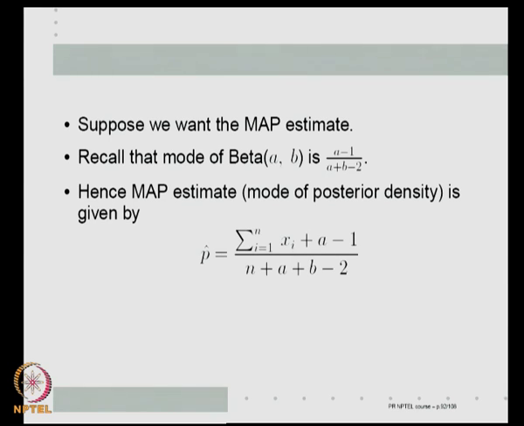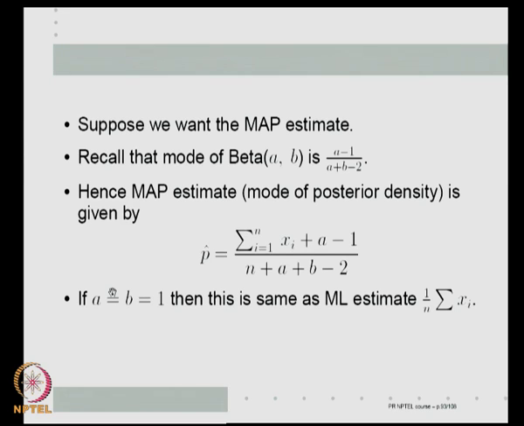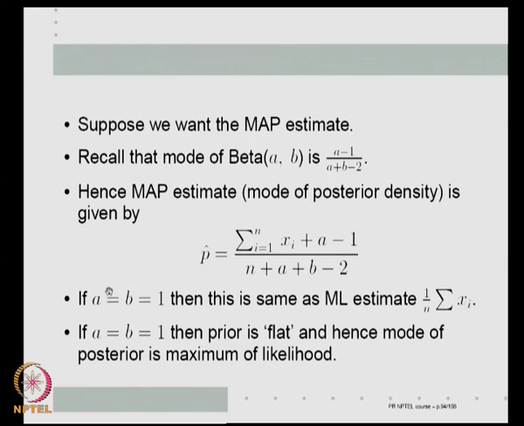The one thing that we can immediately see in this is the following. If I take a equal to b equal to 1, then it becomes 1 by n summation x_i, which is nothing but the sample mean. For Bernoulli also, we know the sample mean is the ML estimate. So, if I take a equal to b equal to 1, no matter what n is, we get the ML estimate. Why is that so? When a equal to b equal to 1, the prior is flat.